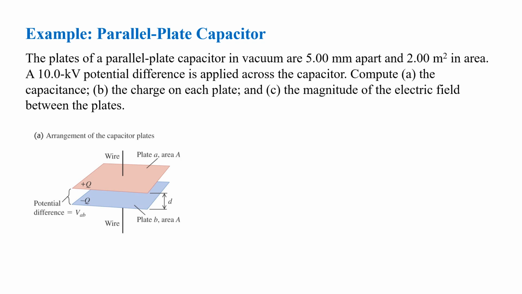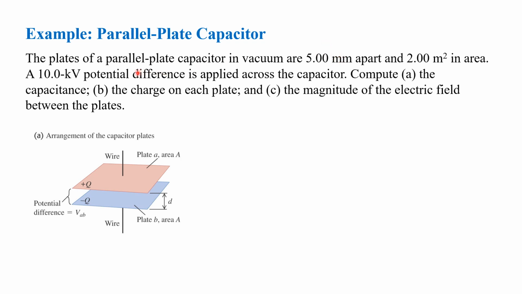So let's have an example. This is still about the parallel plate capacitor. The plates of a parallel plate capacitor in vacuum are 5 millimeters apart and 2 meters squared in area. The separation distance is a very small scale, in millimeters, while the area is in meters, so it's a very large area compared to the distance between the plates.